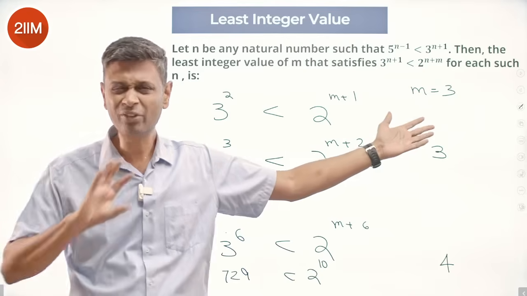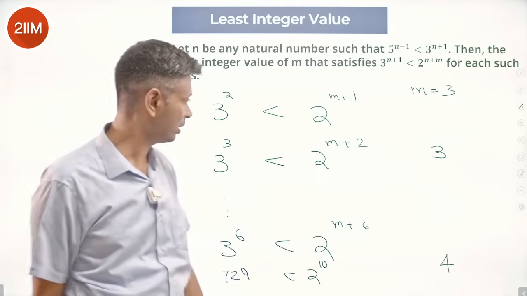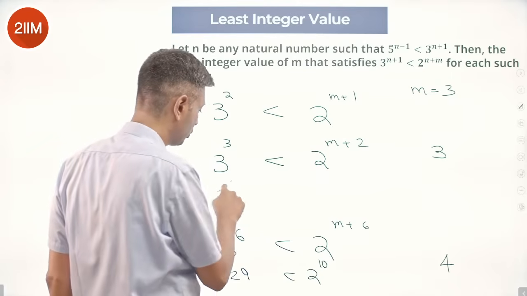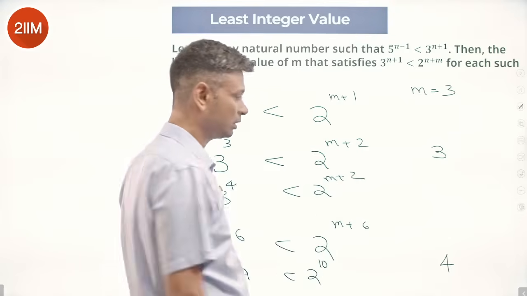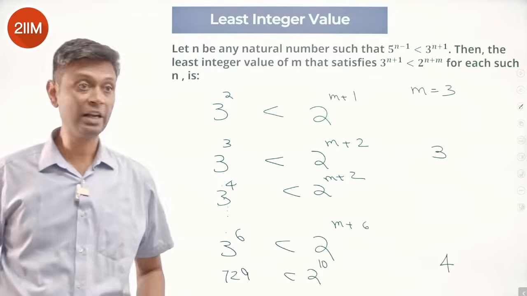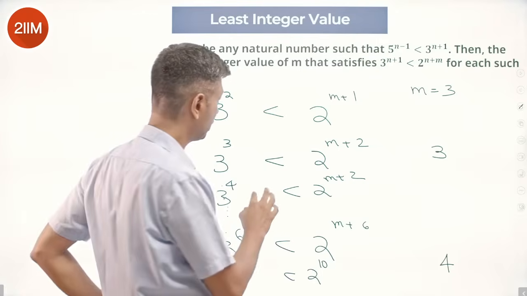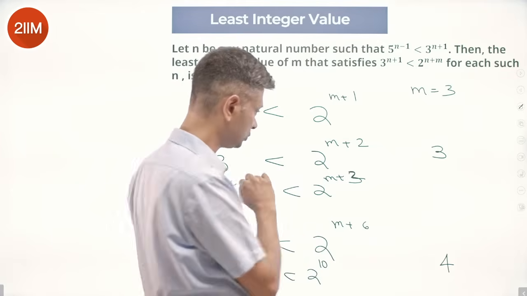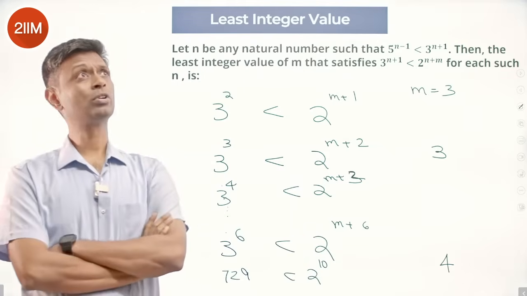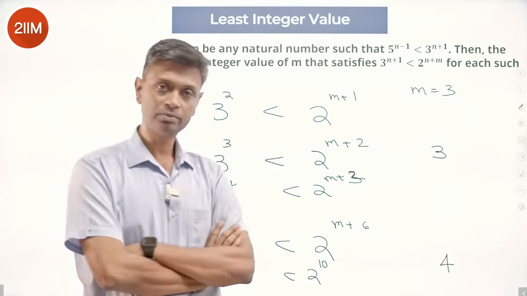I can guesstimate that because I'm going to have 3 power 4 less than 2 power m plus 4, 81, the next number is 128, 128 is 2 power 7, m is 3.